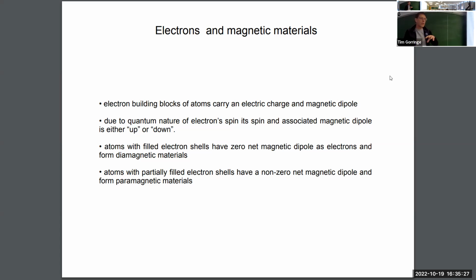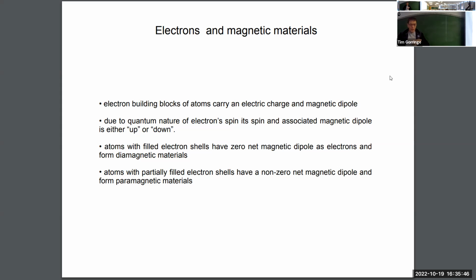Those electrons carry, as well as electrical charge, magnetic moments, and those magnetic moments can play a large role, as well as orbital magnetic moments, in the magnetic properties of the material.